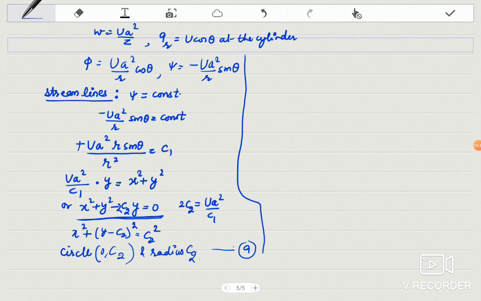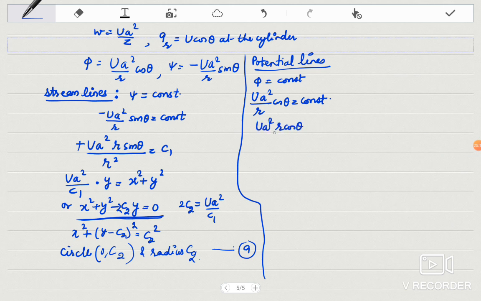Similarly, if I talk about the potential lines, I may very well calculate the potential lines. These will be phi is equal to constant. It is u a square upon r cos theta is equal to constant. So proceeding in the same way, multiply and divide by r, constant, you may get u a square, r cos theta is x, is equal to x square plus y square upon constant, let it be C3.